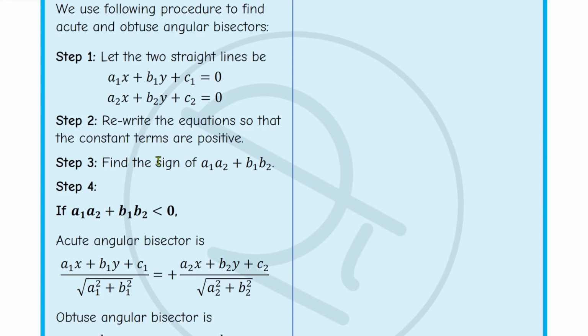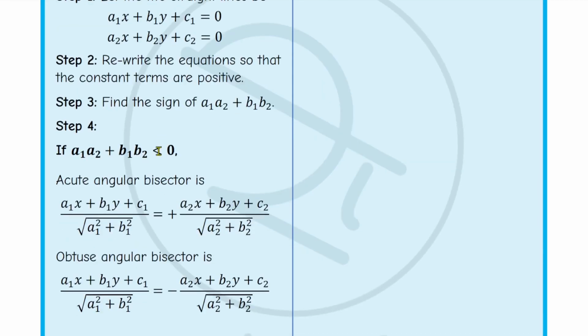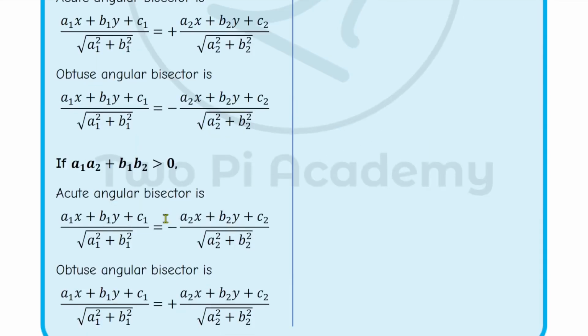But in the third step, here we find the sign of a1a2 + b1b2. If it is less than 0, that means it is negative. The acute angular bisector is the one corresponding to the positive sign and the obtuse is the one corresponding to the negative sign. However, if it is greater than 0, it is the opposite. Minus corresponds to acute and plus corresponds to obtuse.